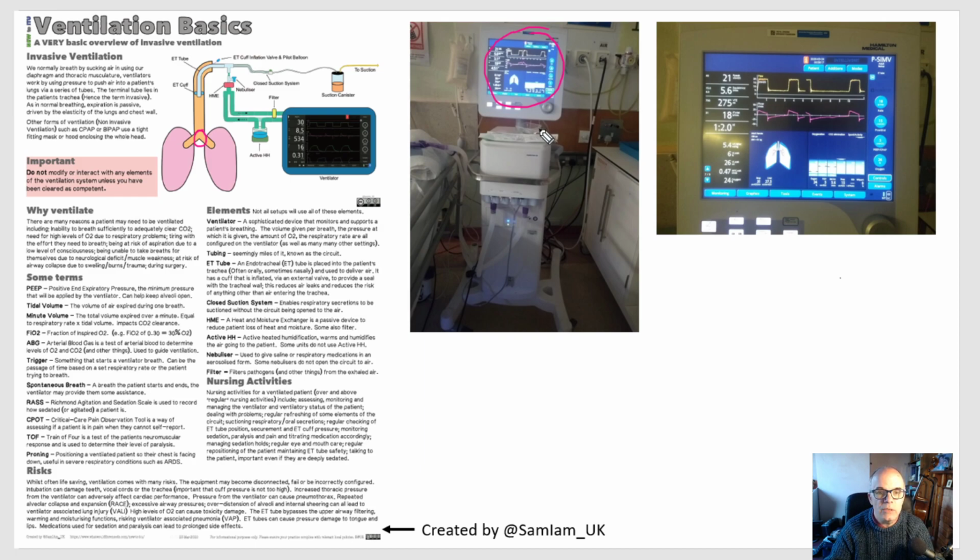This is where we can change the settings of the ventilator, and I'll talk about that when we go to the bigger diagram to one side. You've got ventilator tubing coming in and ventilator tubing going out, and that is attached to the patient via the closed circuit suction and the endotracheal tube. This is the kind of machine that you'll see. They're getting smaller and smaller as the years go on, but this is a Hamilton, one that we use in our trust.